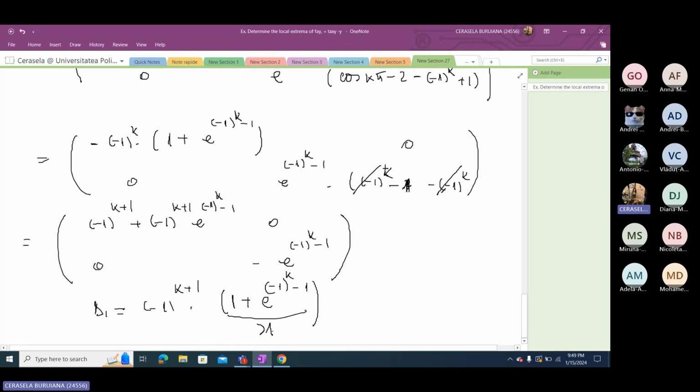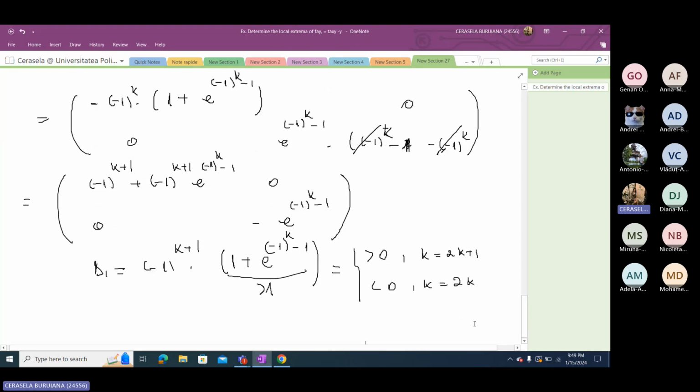But it will be a discussion in function of k plus 1 actually. It will be strictly positive when k is odd, and strictly negative when k is even. All right, good.